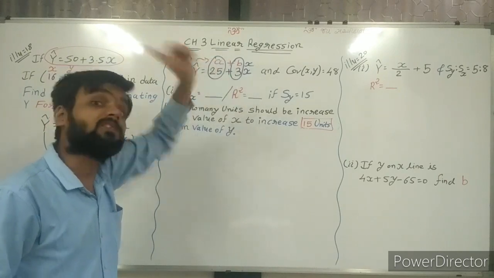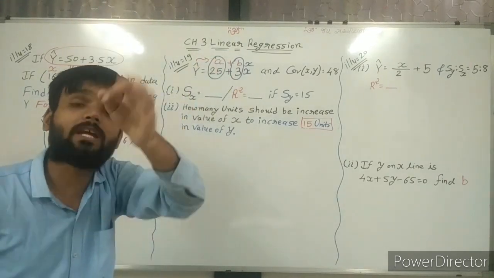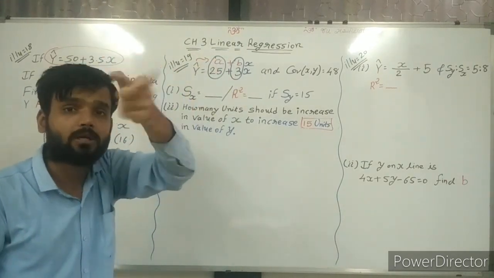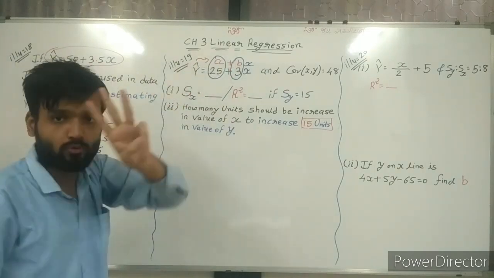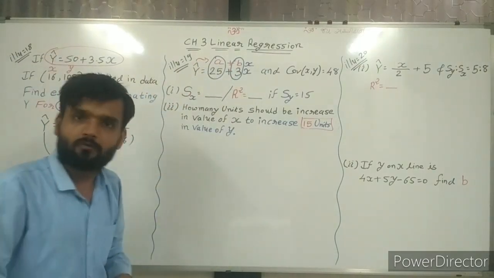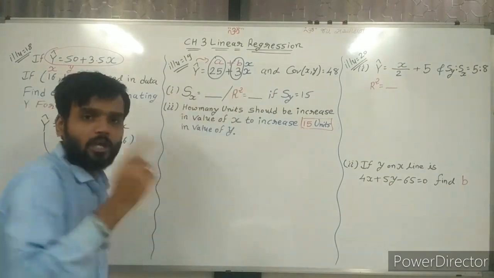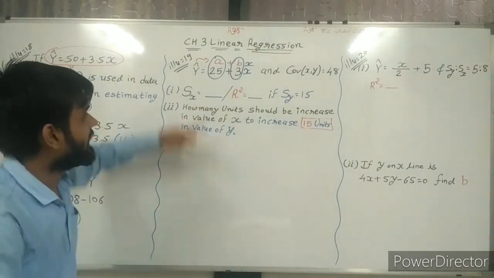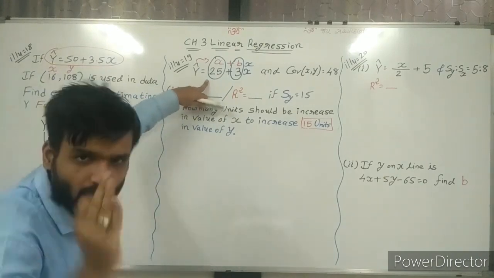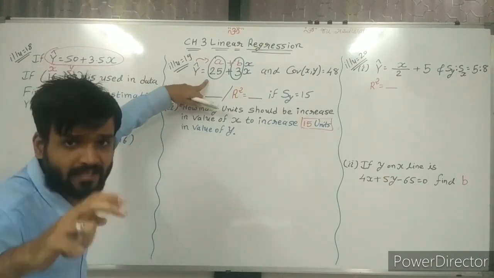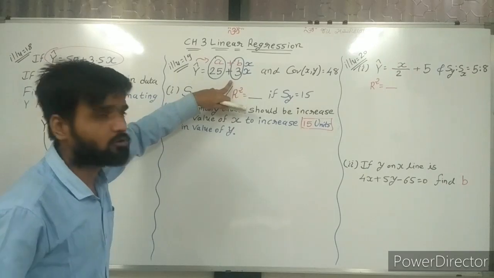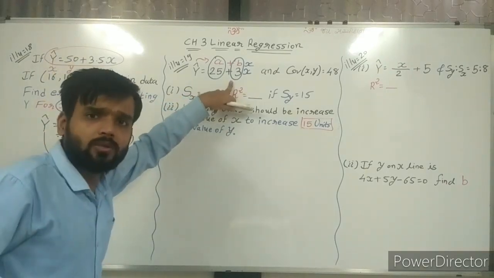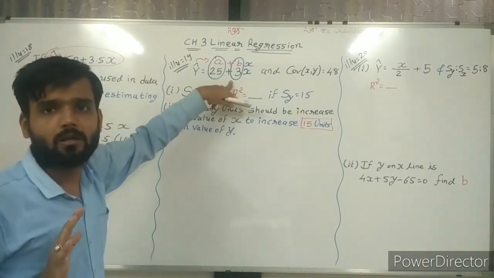If the signs are different, then b is negative. But here the sign is the same, so b is equal to 3. So, sir, by using this equation, we can find two values directly. Which two values? a is equal to 25, that is my first value, and b is equal to 3, that is my second value. That we know very well.